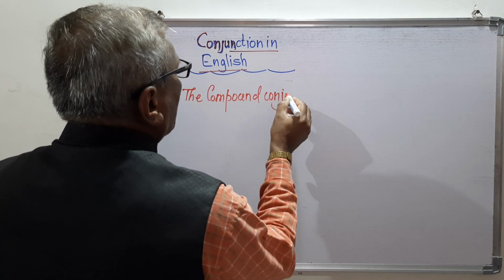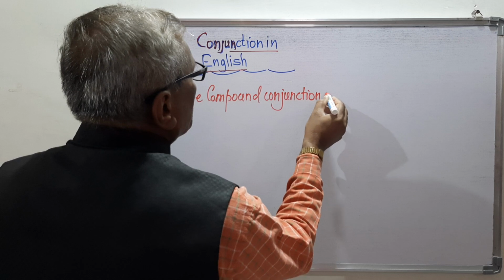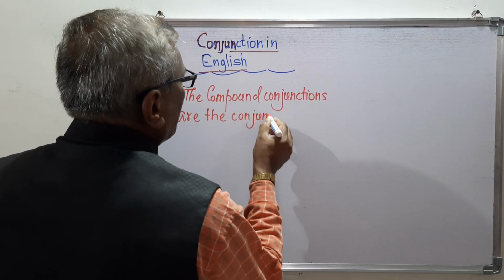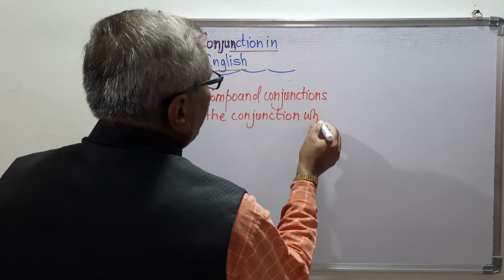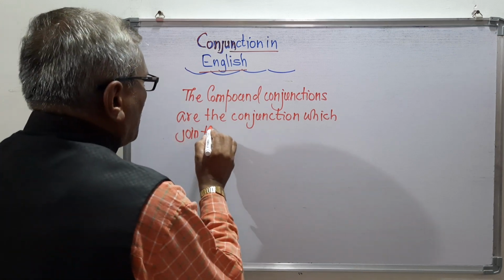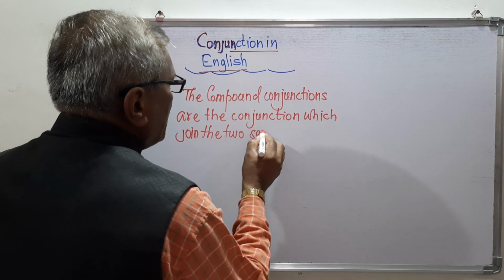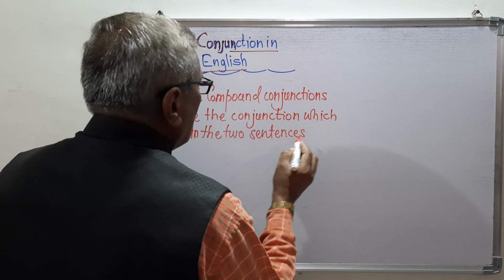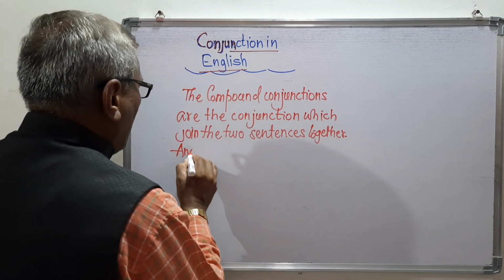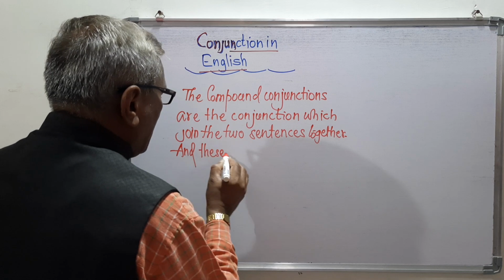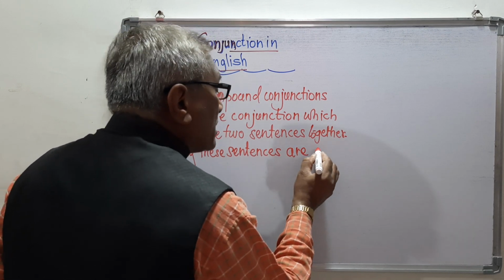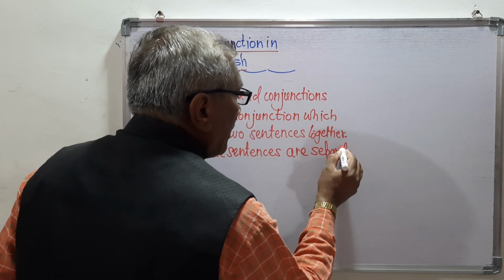The compound conjunctions are the conjunctions which join two sentences together, and these sentences are separate in meaning.